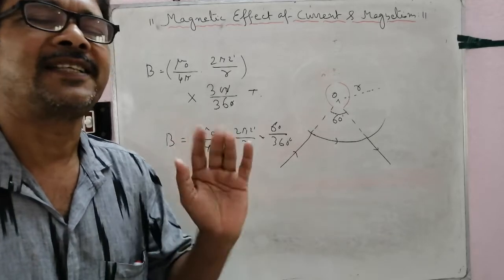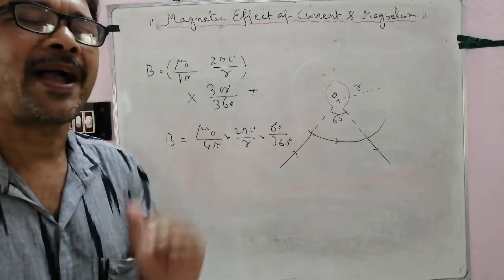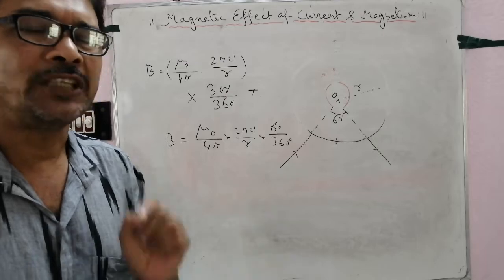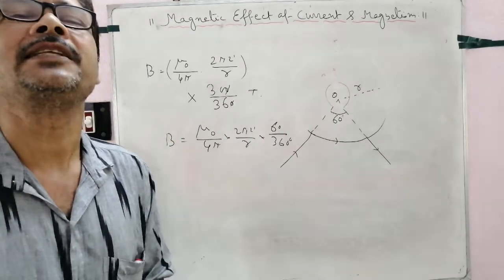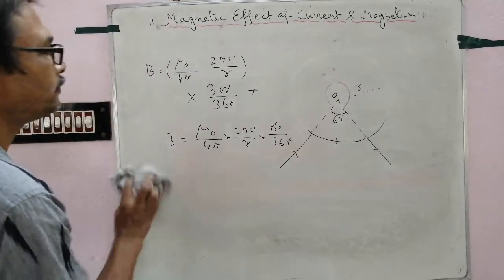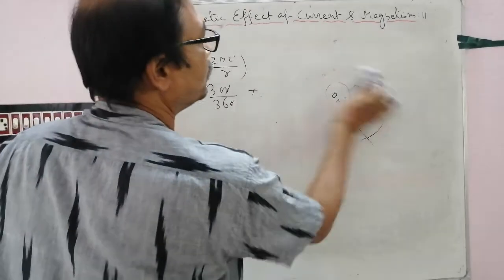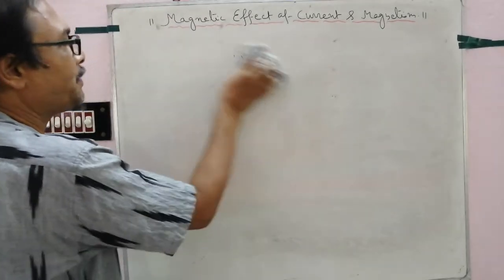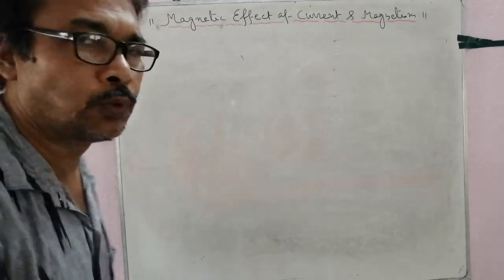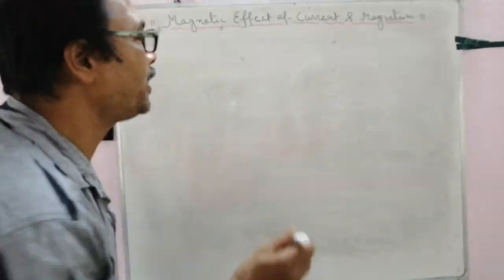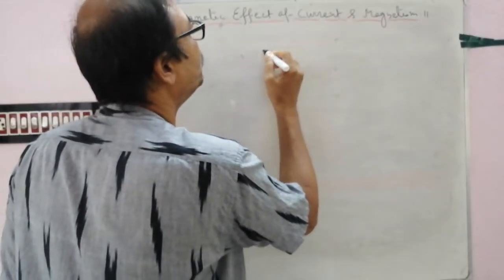Today I shall discuss the magnetic field at a point on the axis due to a circular loop. Clear? Magnetic field due to a circular loop at any point on the axis. Follow.